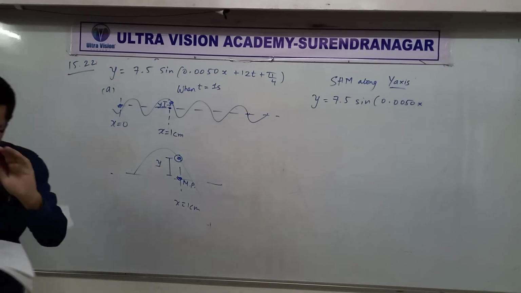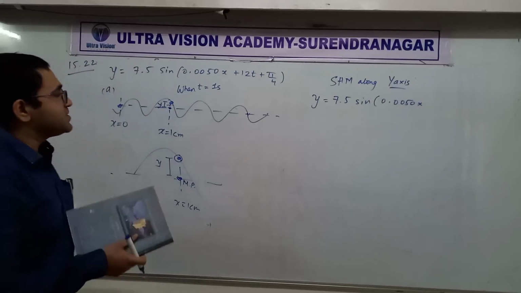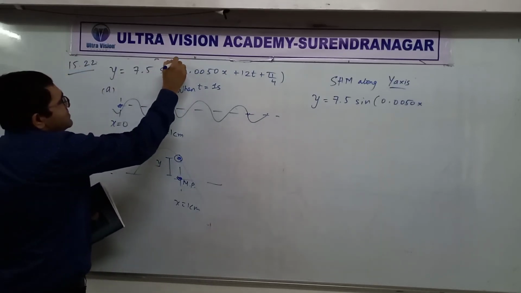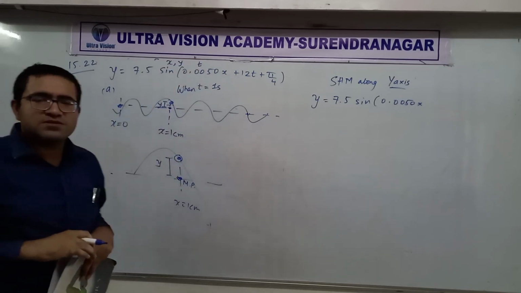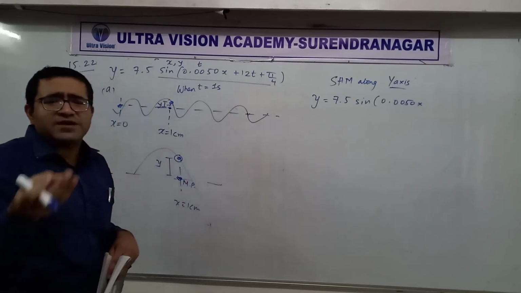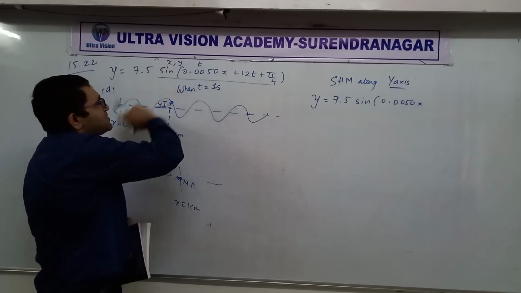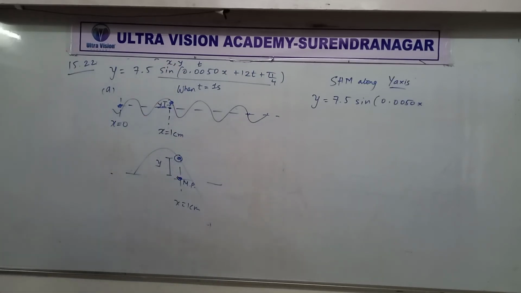Nothing is given clearly in the question in this textbook. Is it given in your question? Your textbook, whether x and y and t, they are in which units? In the equation here, we are writing this equation. Are these two in meter or centimeter? Is it mentioned in the question in your book?